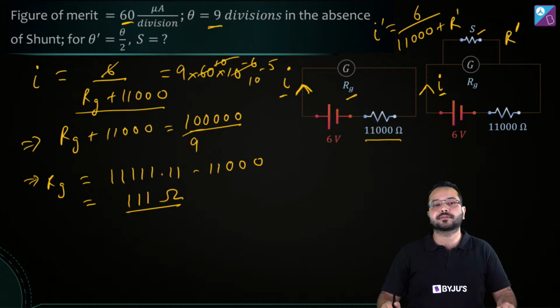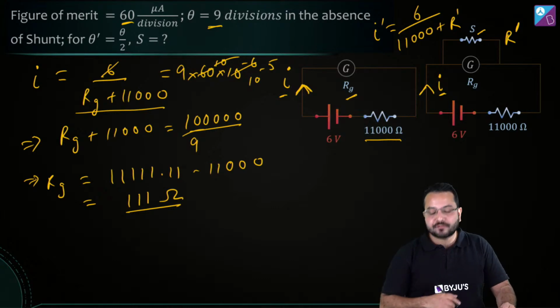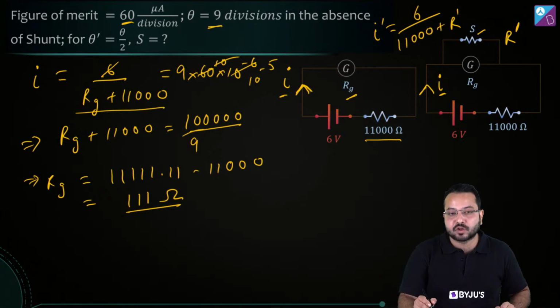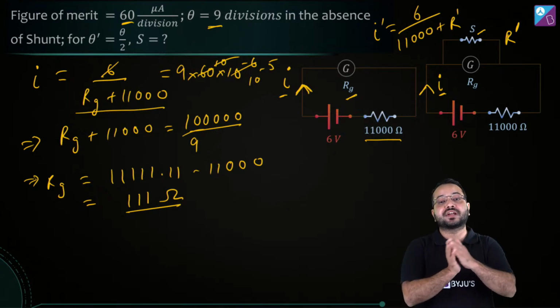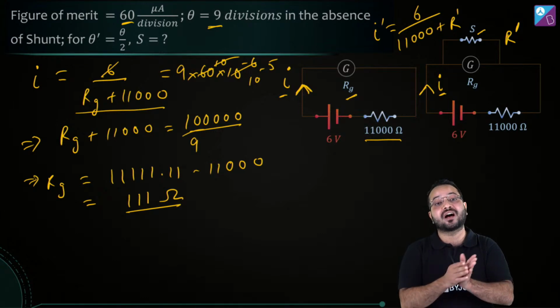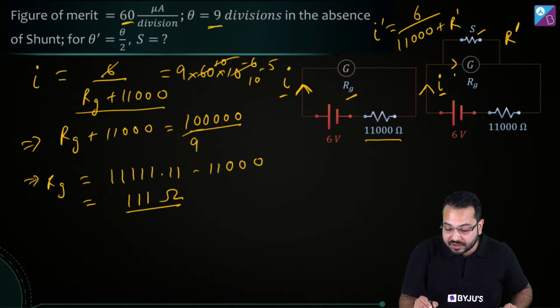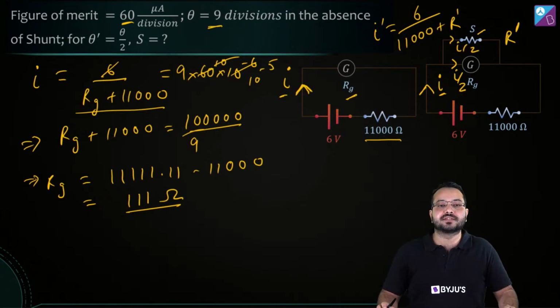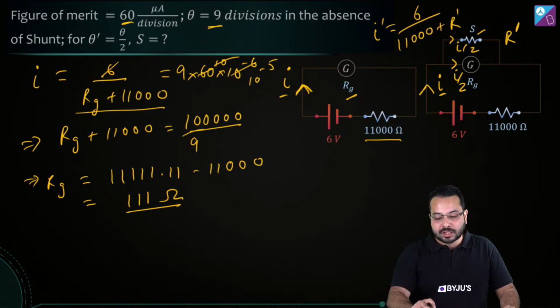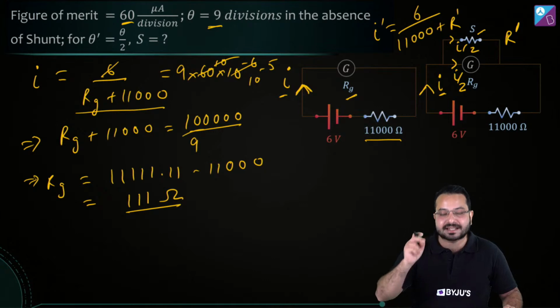Is that correct? Now what we have seen is that in the galvanometer, the deflection is half. That's why it's called the half deflection method. The deflection is half, which means the current going through the galvanometer is also half. So if I by 2 is going here, I by 2 is going over here. Is that correct? So this current is equally divided between S and Rg.